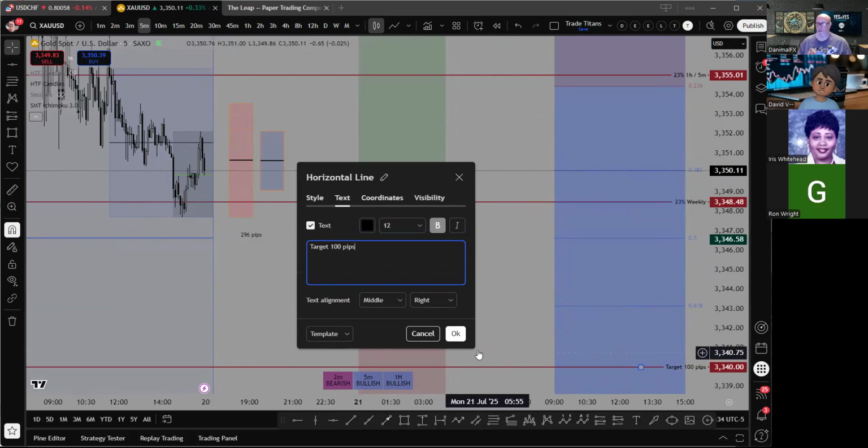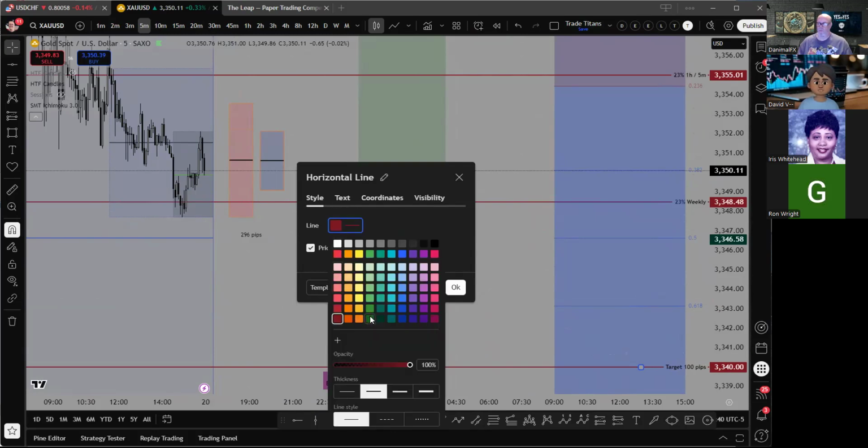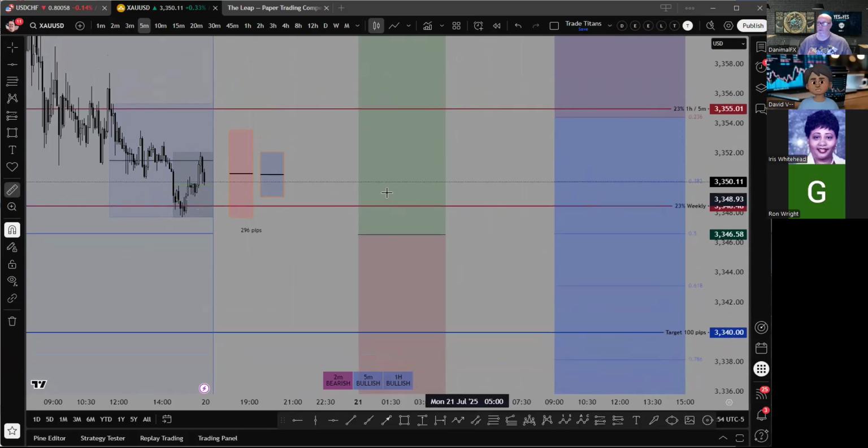Hit. Okay, that's going to make that target. Make it blue. So we're going for this target, or we can go 100 points in the other direction and go from here. Let's see where we're going to go.